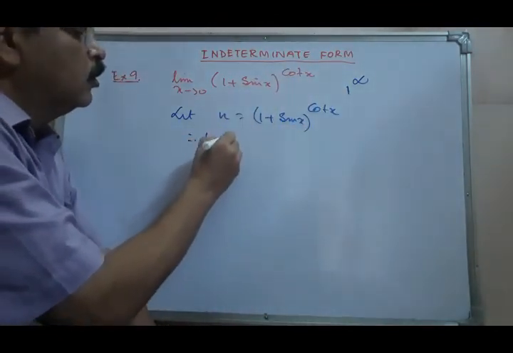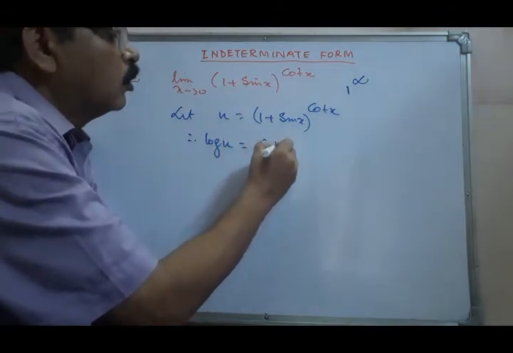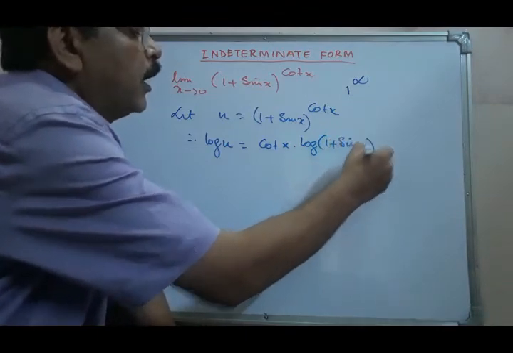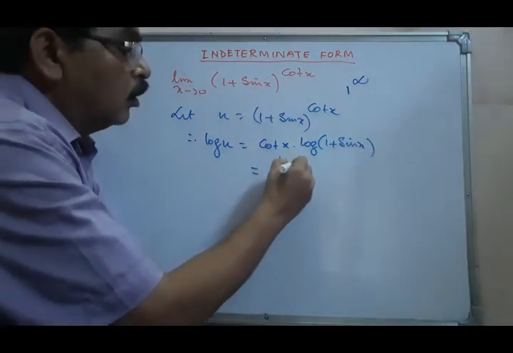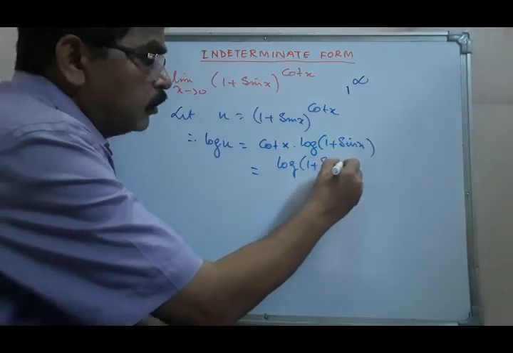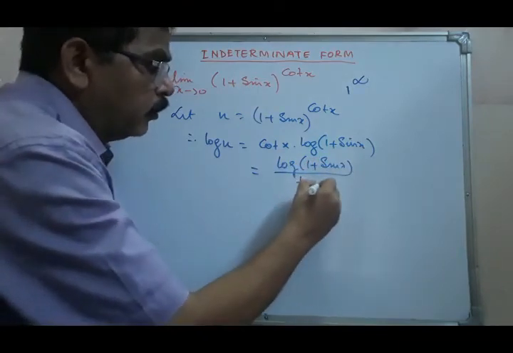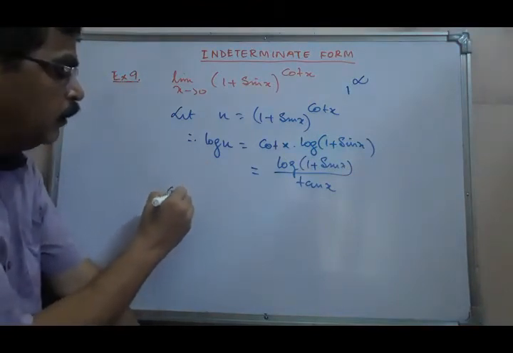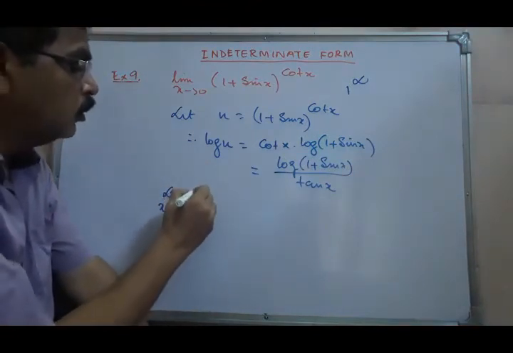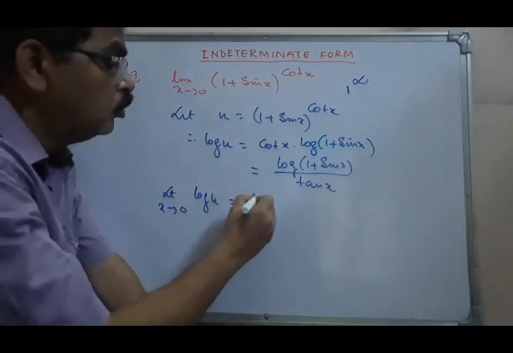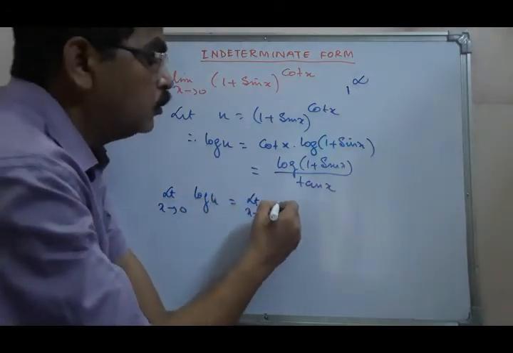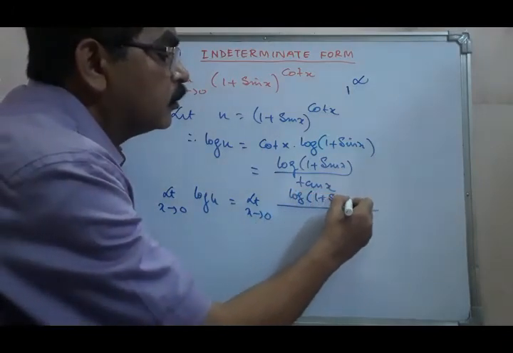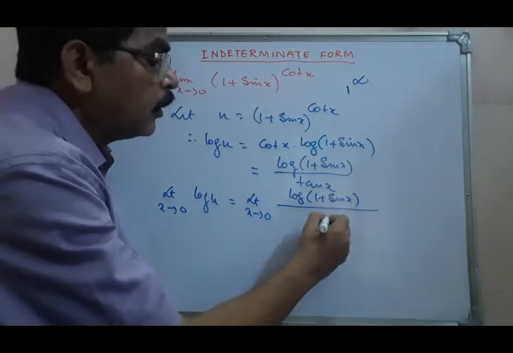Therefore, log u equal to cot x into log of 1 plus sin x, that is log of 1 plus sin x divided by tan x. So now taking limit x tending to 0, log u equal to limit x tending to 0, log of 1 plus sin x divided by tan x.